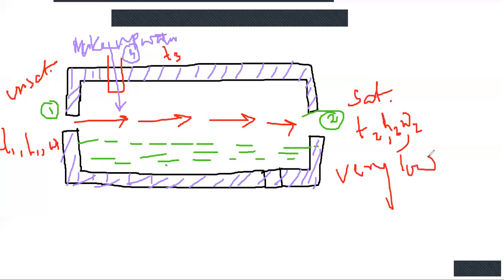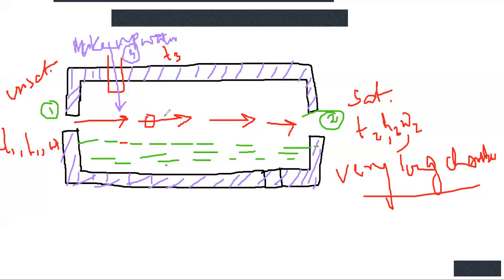Very long chamber. This is the important part. Very long chamber and perfectly insulated. So the heat required for evaporation of water, the heat required for evaporation of water, which is actually evaporated.